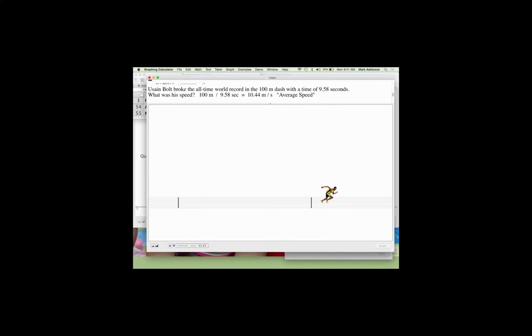Because how many speeds did he run? All of them. How many is that? A lot. You're telling me his speed is changing. Well, he ran many speeds, like an infinite number of speeds. So we can't add them up and divide by the number of speeds. Doesn't work. So we're trying to make sense of this number, 10.44 meters per second.